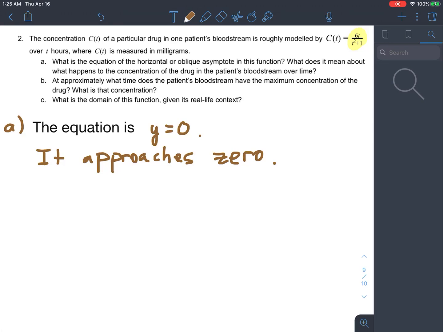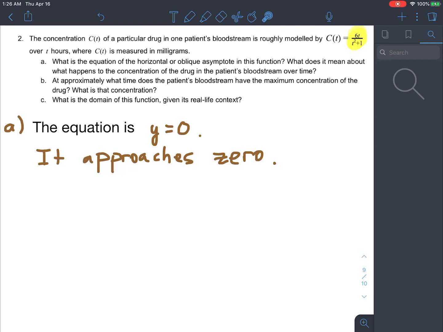Let's do our little division here. So actually, the easiest way to do it right now is just to plug in a big number for t and see if it's positive or negative. So if I plug in 1,000,000, 6 times 1,000,000 is positive. 1,000,000 squared plus 1 is positive. You get positive over positive. Yep, so it is a little bit more than 0.